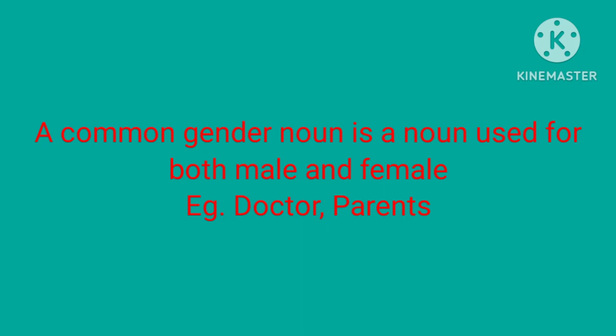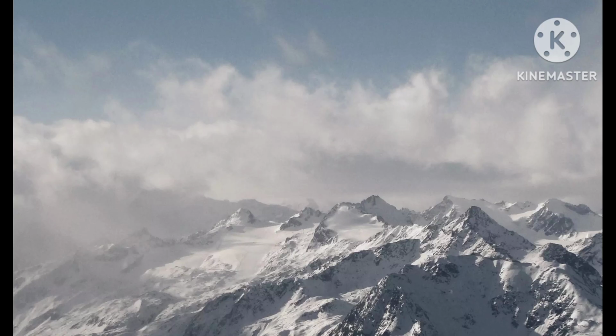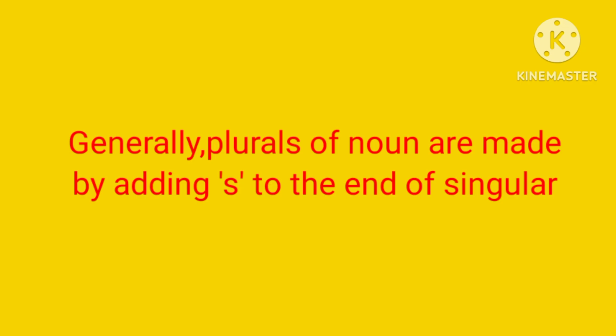Example, doctor, parent. Another important point is singular and plural forms of noun. When a noun indicates one object, it is singular. Generally, plurals of nouns are made by adding s to the end of the singular.